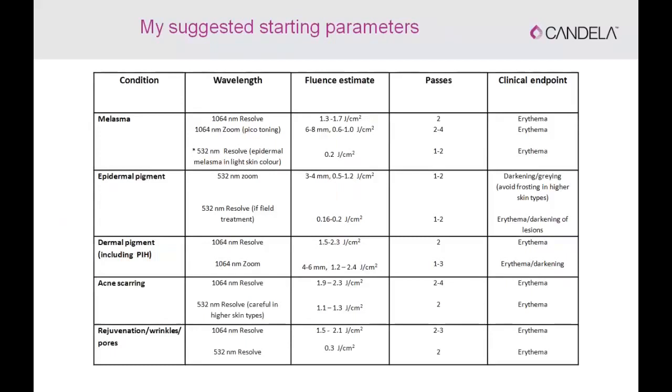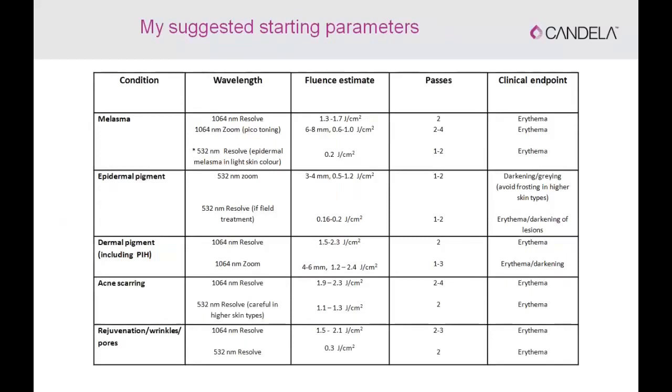For field treatment, that is when you're not dealing with just a single epidermal lentigo, but a whole cheek full of lentigos and some photodamage, in lighter skin types particularly, I like to combine that with the 532 Resolve, and these are my settings.